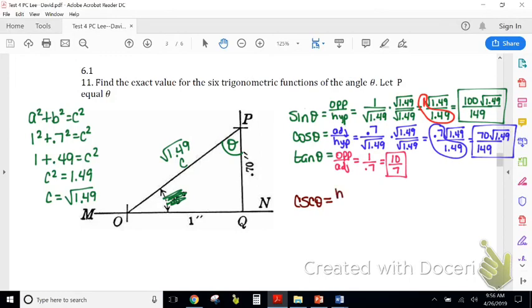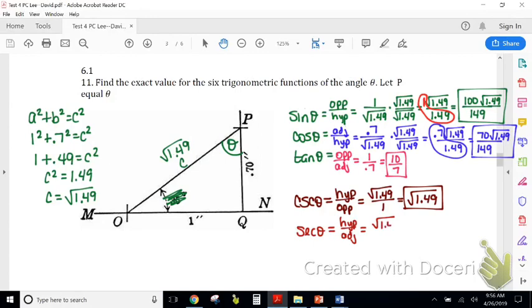So cosecant is hypotenuse over opposite. So that's going to be the square root of 1.49 over opposite, which is 1. So square root of 1.49. Reciprocal of cosine is secant. So it's hypotenuse over adjacent. So it's the square root of 1.49 over 0.7.